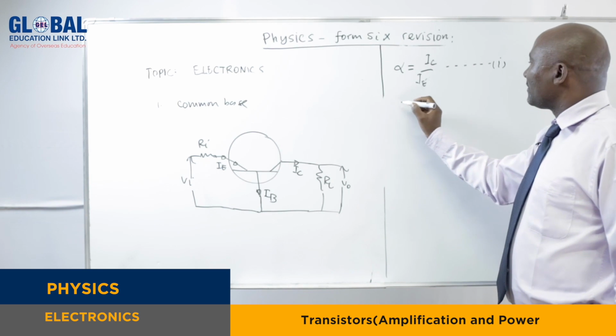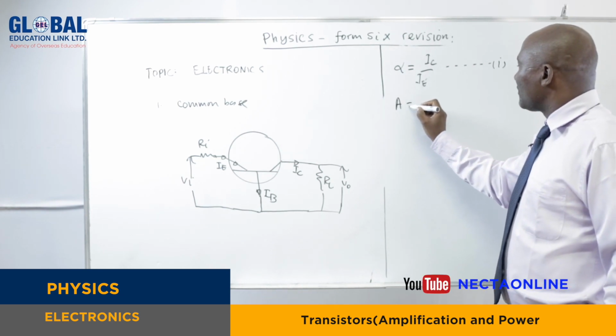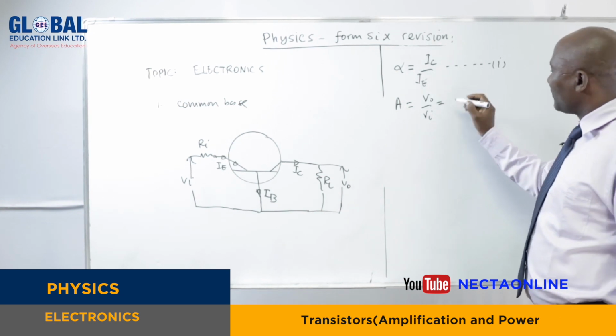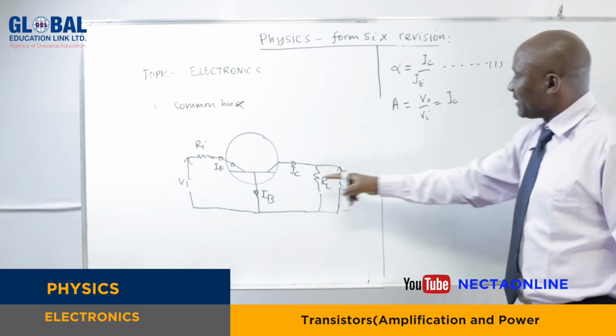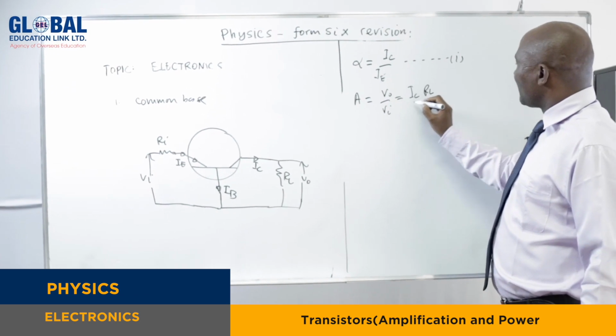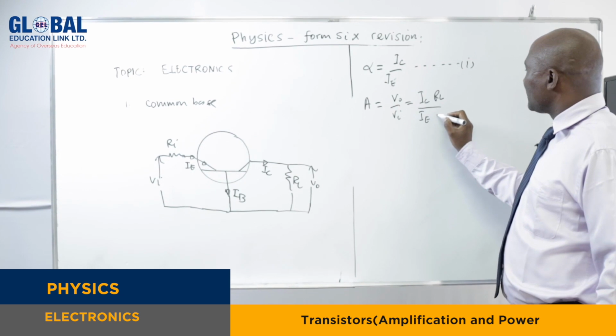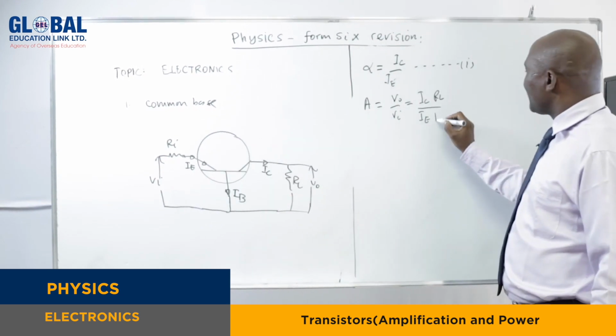From there you can find the voltage gain, which equals the output voltage over the input voltage. The output voltage is the current IC times the load resistance RL, over the input voltage, which is IE times the input resistance RI.